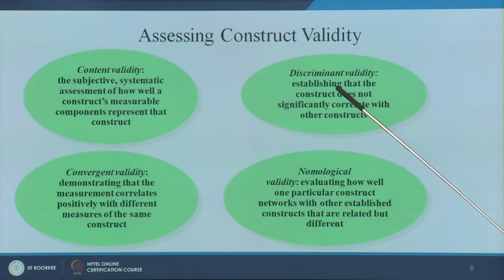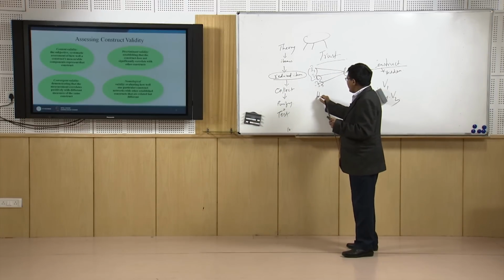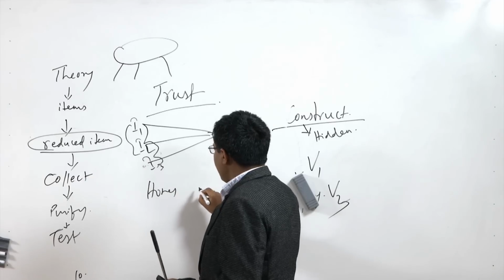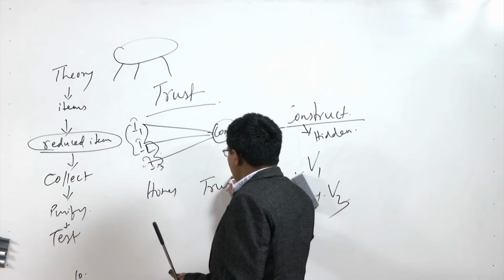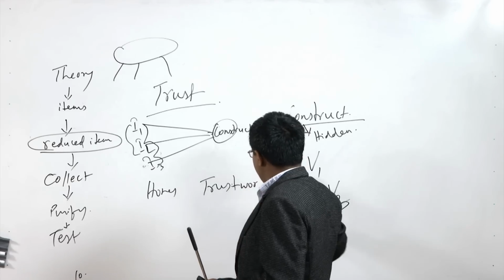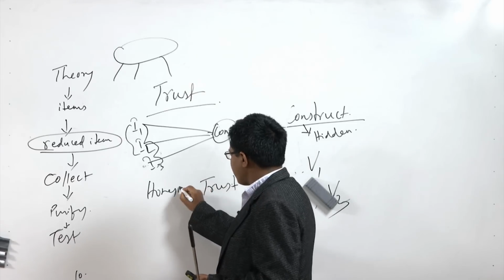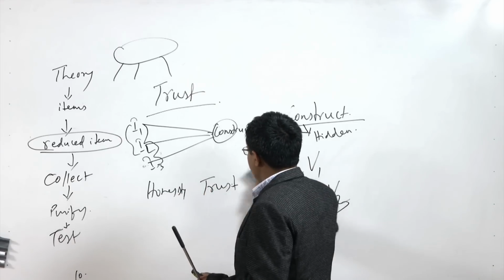What does it say? Establishing that the construct does not significantly correlate with other constructs. Okay. So, suppose your constructs are, let us say, honesty and trust, or honesty and loyalty.